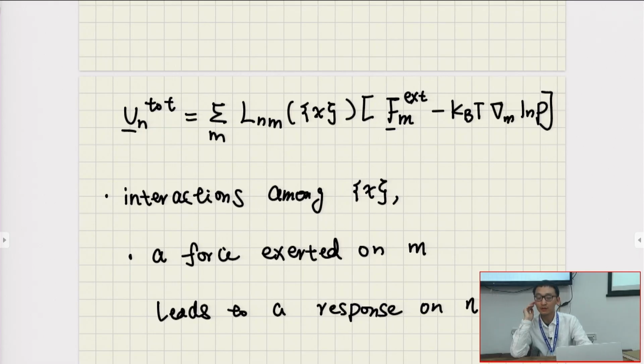Okay, any questions? Okay, great. Yeah, so you would have a response from all the coordinates in general. Whether it's an n coordinate system or you're literally thinking about n particles in a fluid.